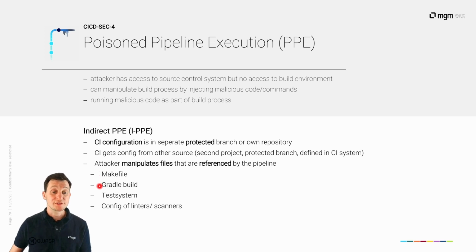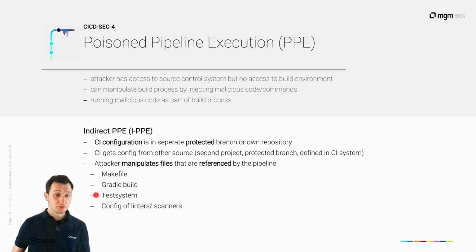Or we have some kind of test system where, when the unit tests or something like that are executed, maybe we have a before script or an after script where we, I don't know, create some folders and delete some folders. Maybe we can override the script patterns there and send us the credentials in this case.